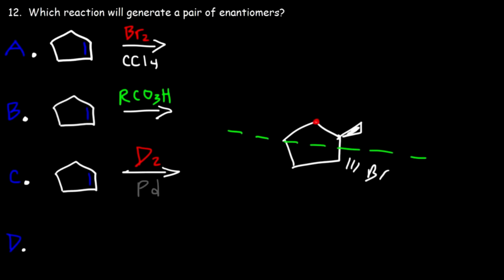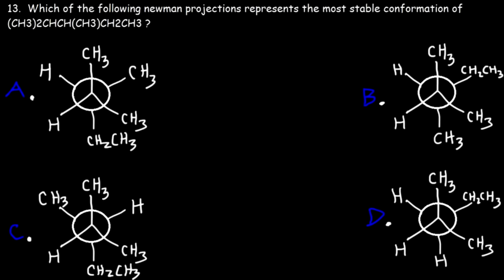So as you can see, these 2 carbons, they're symmetrical about each other. This is on the line of symmetry. And these 2 bromine atoms, because one is in the front and the other is in the back, they're not symmetrical. So that's why we don't have a line of symmetry in this case. And so A would represent a pair of enantiomers.